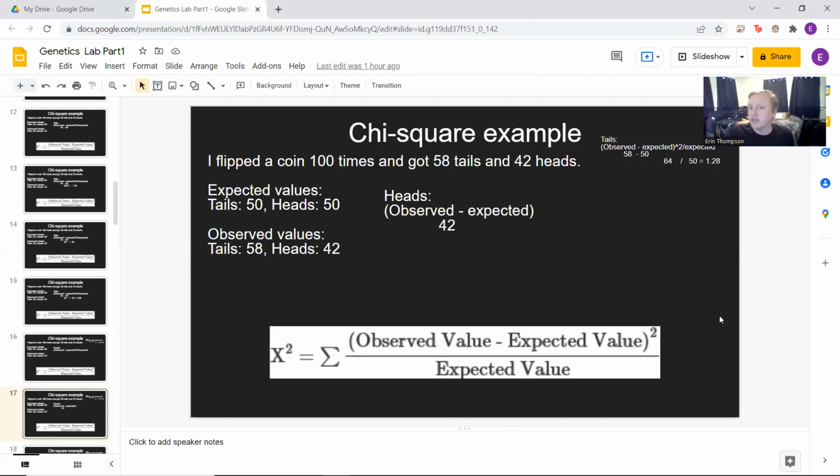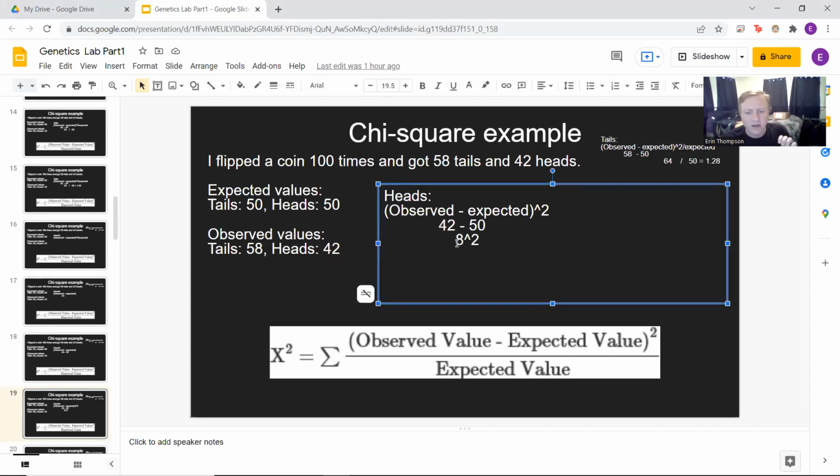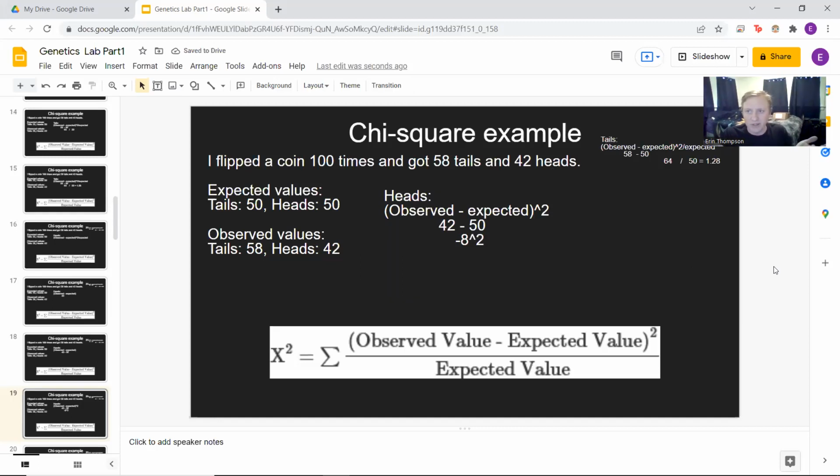Okay, so our observed is 42, our expected is 50. We're going to take 42 minus 50. This is actually a negative 8, which, by the way, doesn't matter because we're going to square it. Take our observed minus our expected, we square it. That gives us 64. Then we divide by our expected, and that gives us 1.28.